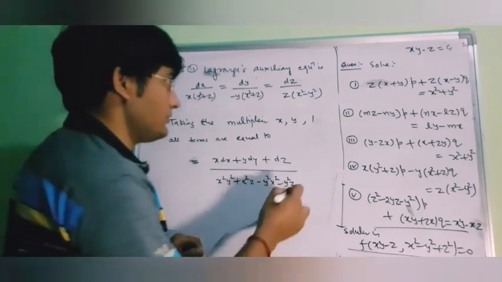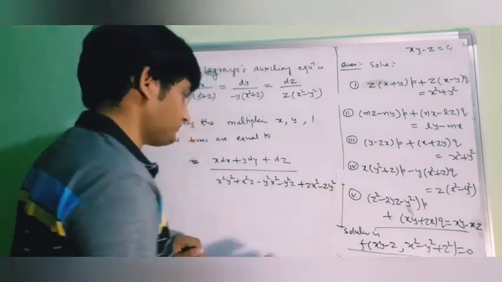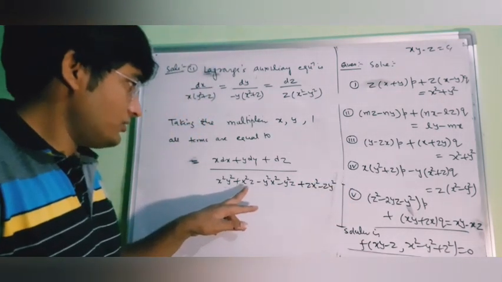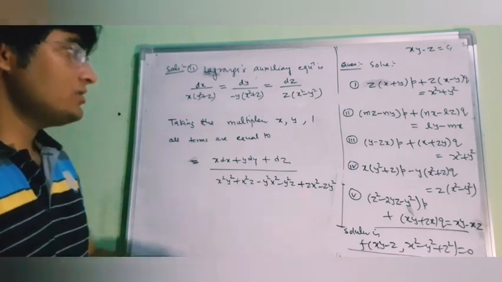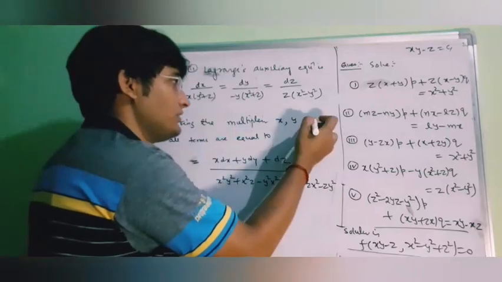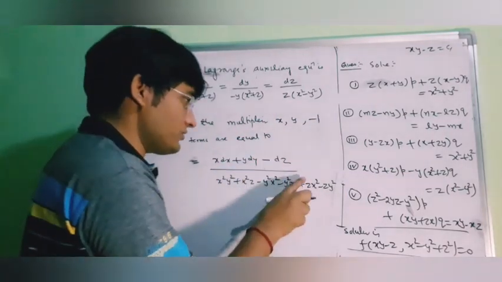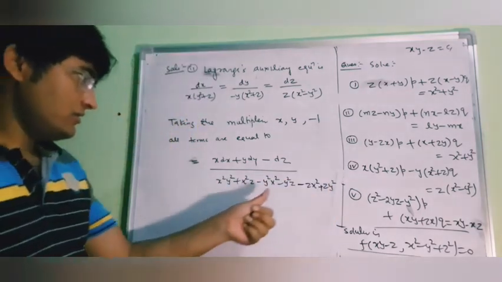Now the third term will be zx square minus zy square. Now you can see that this term is not cancelled. To cancel this term, here we should have minus sign. So let us take multiplier minus 1 in place of 1. So if you take multiplier minus 1, then we will get minus 1 here and here minus 1 and plus 1.